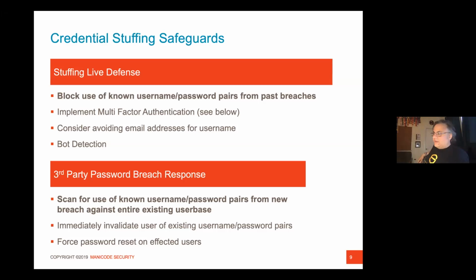Researchers tell me there's upwards of even past 7 billion username password pairs in the wild that attackers know about. And what attackers do is, first of all, users reuse passwords all over the place. Even I do at times. So it's not easy not to.